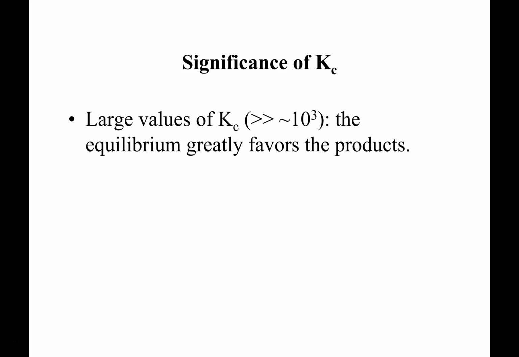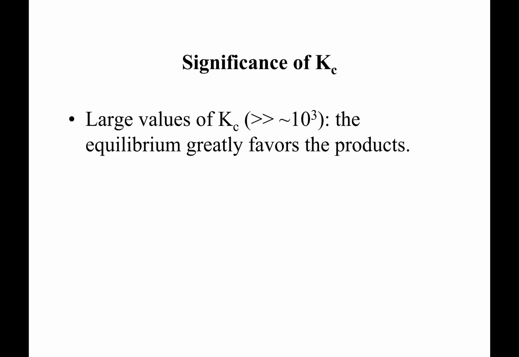If you have a very large Kc, shown by two greater than signs, approximately up to 1,000, then at equilibrium you're going to have a lot of product and not much reactant. We say it favors the products.